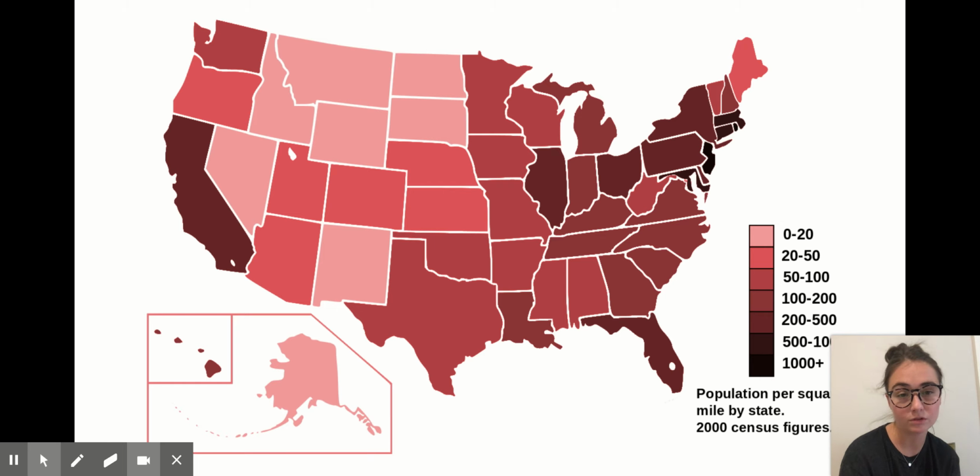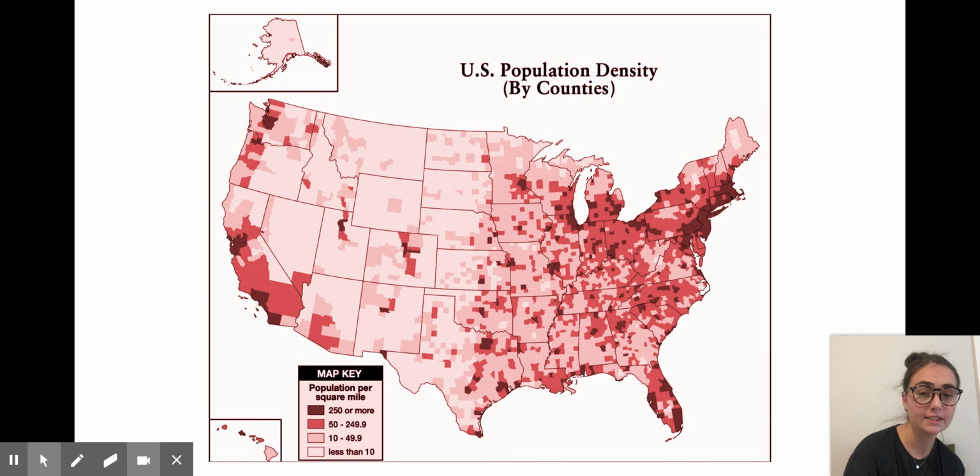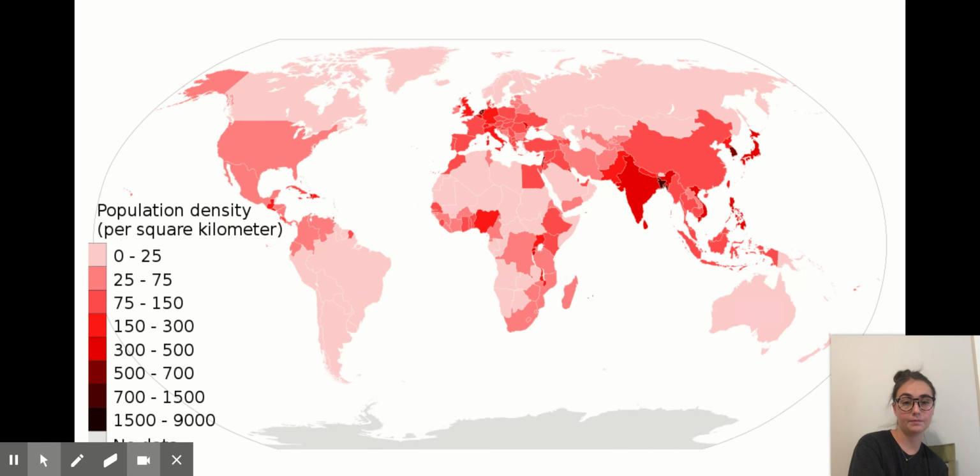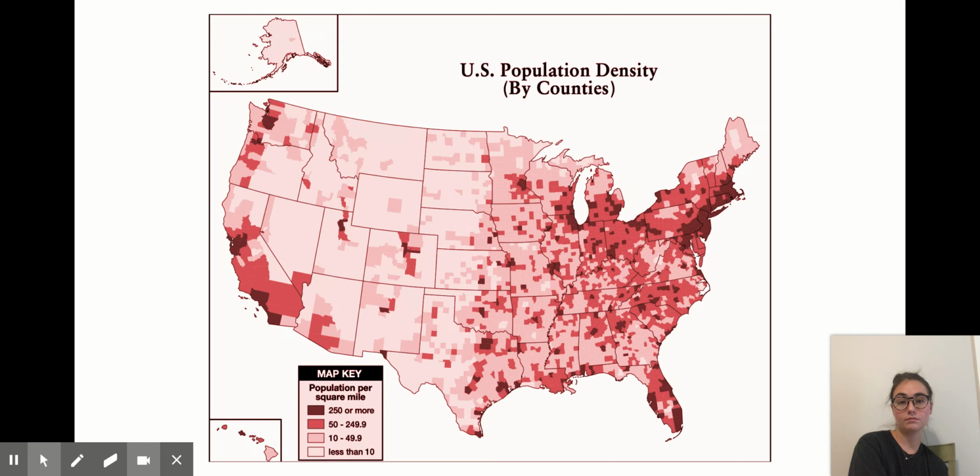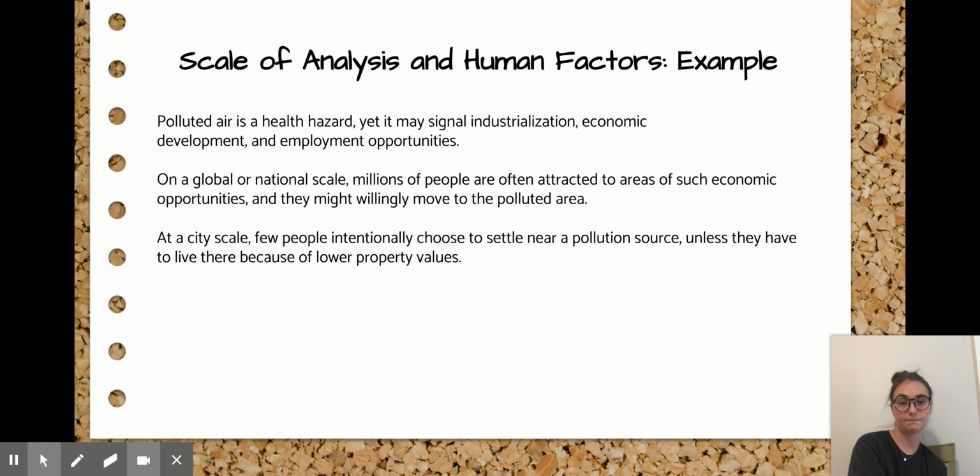So a national map scale at a state level, and then here it is at a national map scale with a county level of analysis. So that's just showing you how the distribution changes within different scales of analysis.